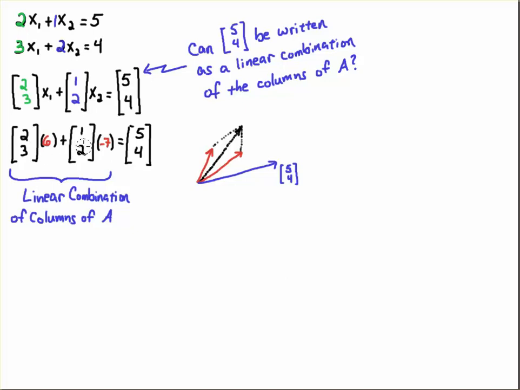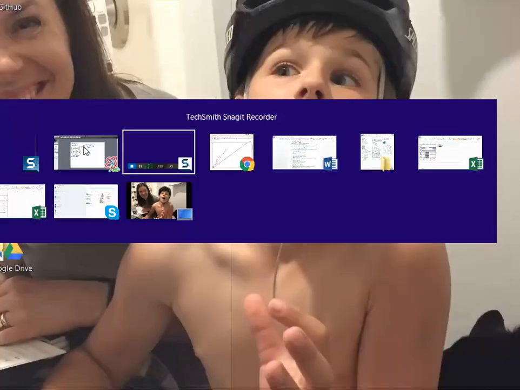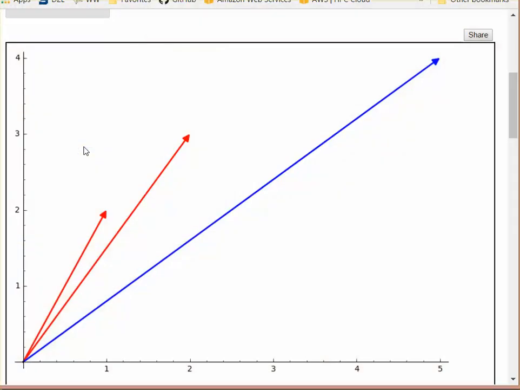So let me show you a better picture. So here's our two vectors that are the columns of the matrix, and here's our vector 5, 4. You can see it's the vector 5, 4. Here's the vector 1, 2, and here's the vector 2, 3. Now, I want to make this blue vector a diagonal of a parallelogram that is somehow a modification of these two vectors.